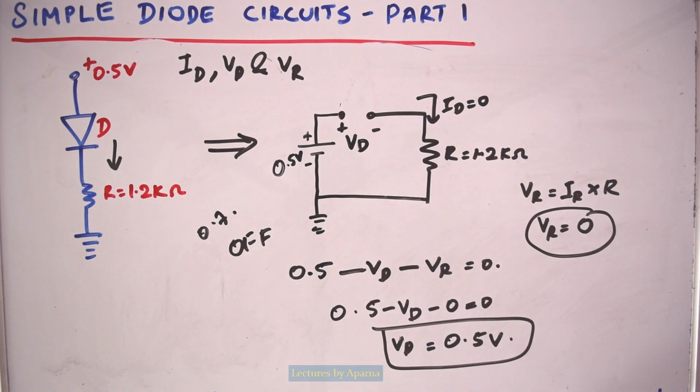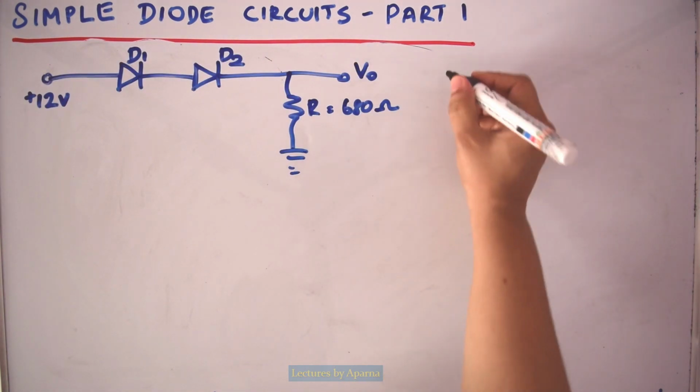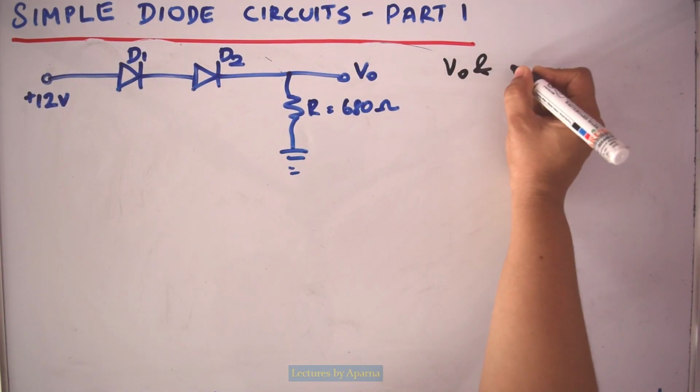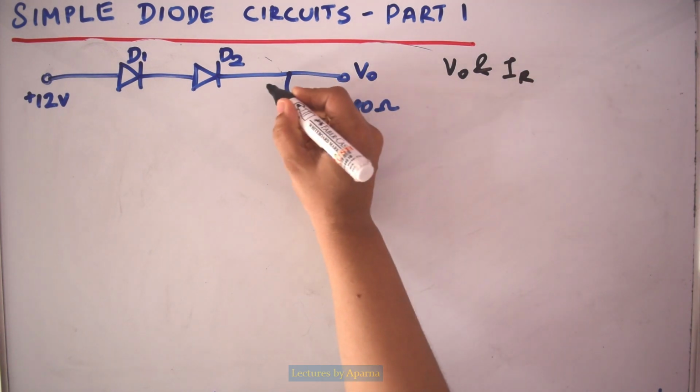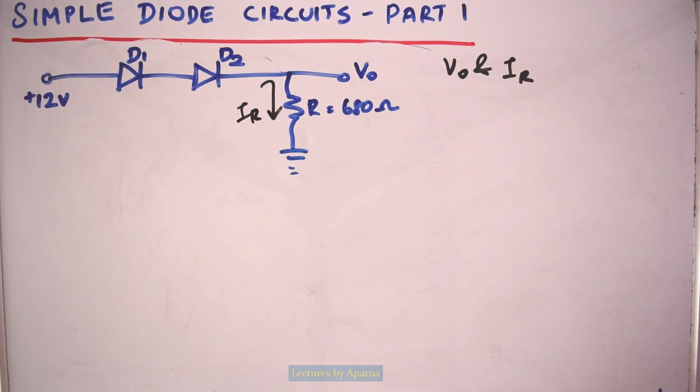Now we have to consider the next circuit. Here we have to find the value of V0 and IR, that is, the current flowing through this resistance and the output voltage V0.